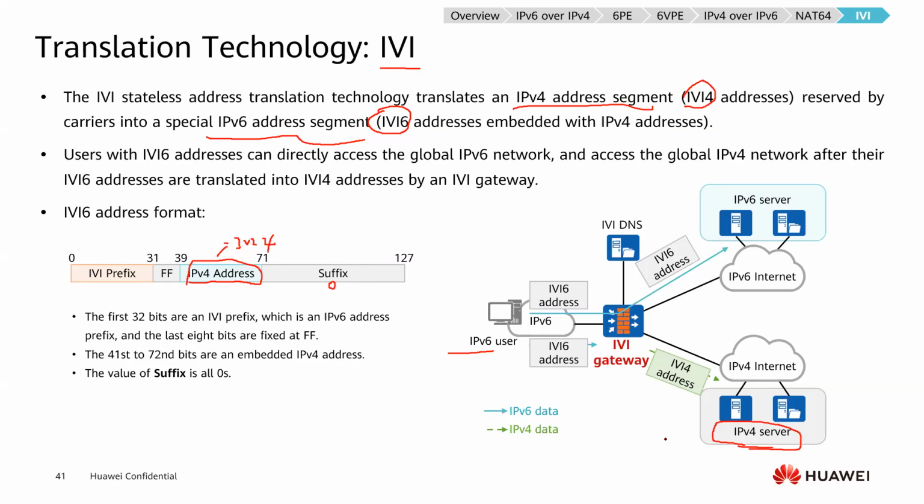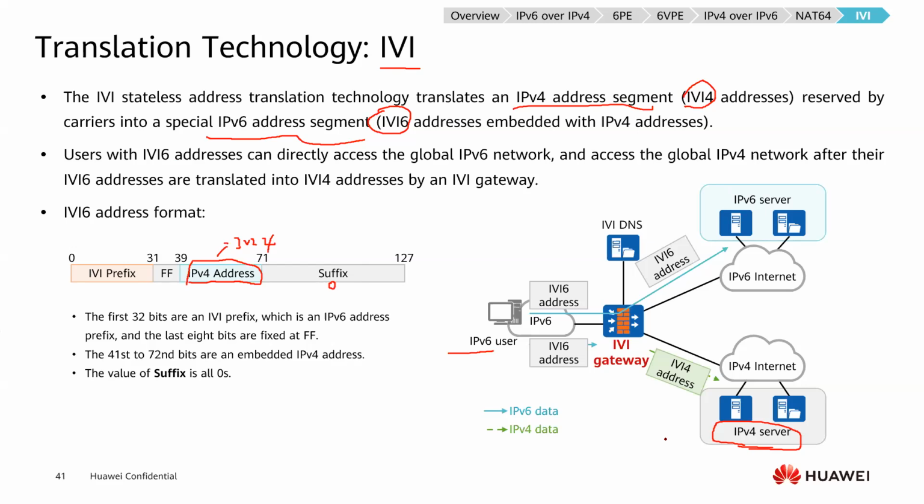So you can see the limitation. For the hosts and the servers, all of them need to be configured with an IP address based on the IVI IPv6 or IPv4 address. It's not flexible for us to configure our network.